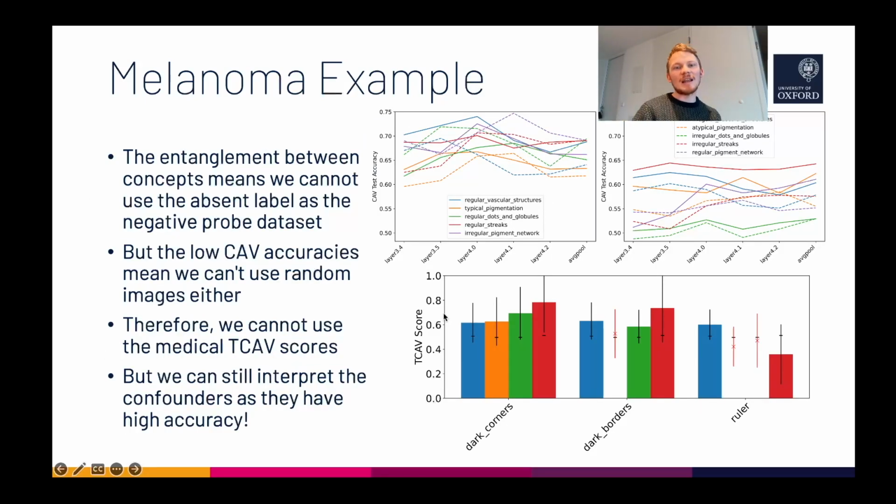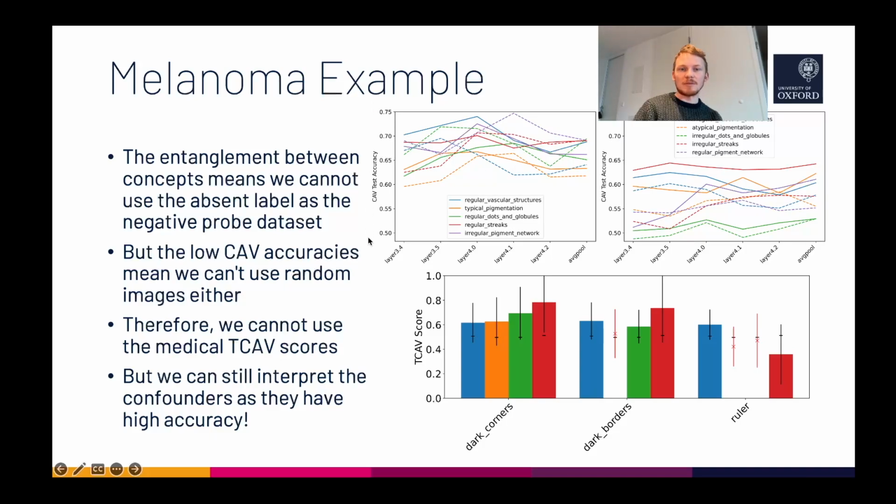The problem with doing that is when we look at the accuracy of the CAVs, so how well these linear classifiers in activation space classify the activations of your concept versus random, we actually see very low accuracy. So on the right here, we have the accuracy of these different CAVs trained with the random label.